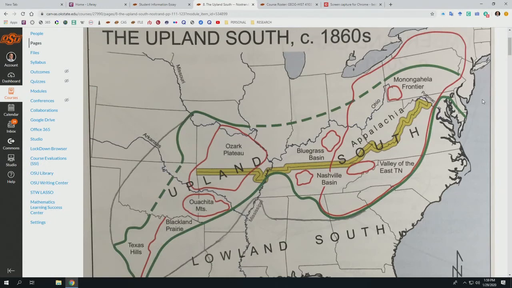I'm pointing at this area right here because this is a pass known as what? In the Appalachians, you have highland passes, and in the Rockies, we generally call them passes. But in the Appalachians, they're generally referred to as gaps. And there are two types of gaps.